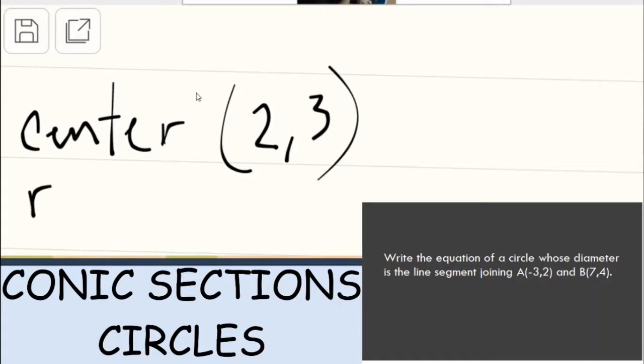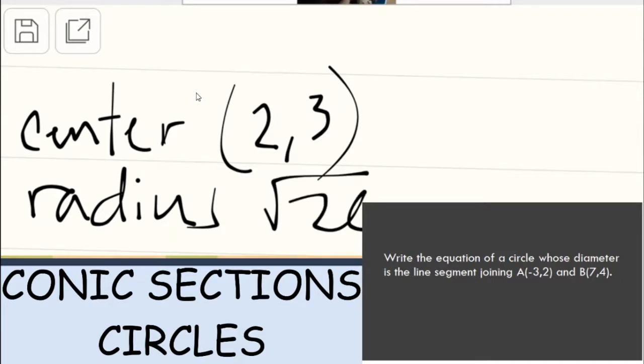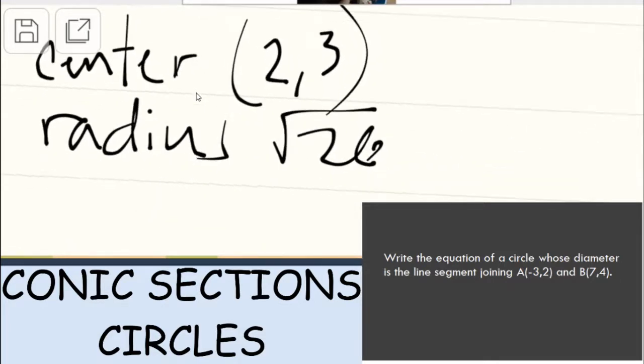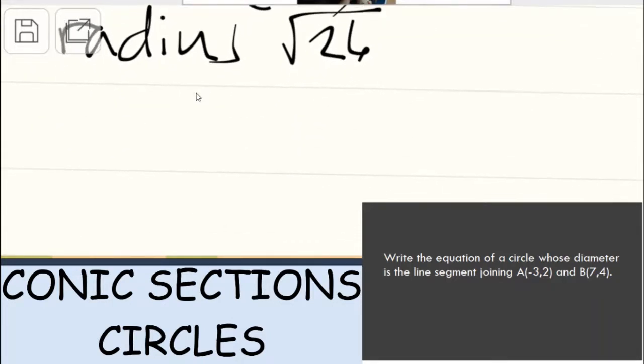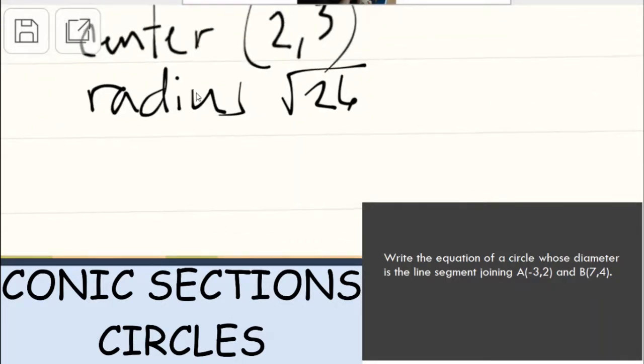And then our radius is square root of 26. Now we can write the equation.